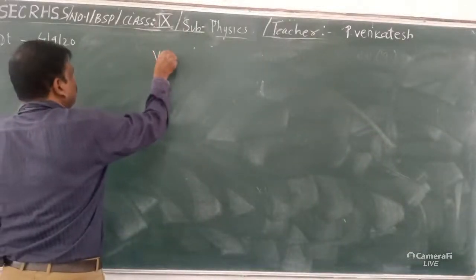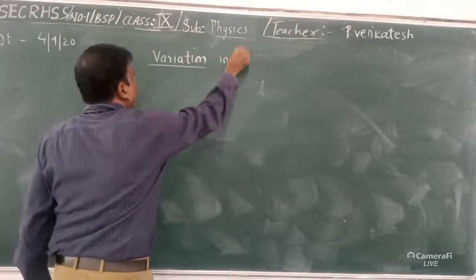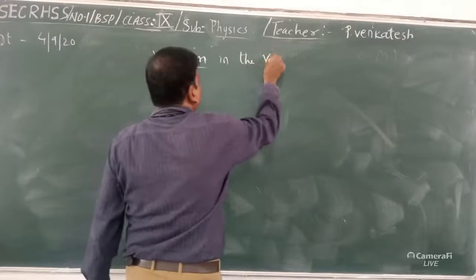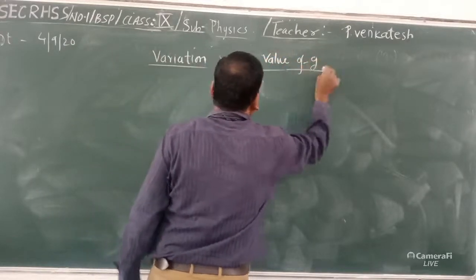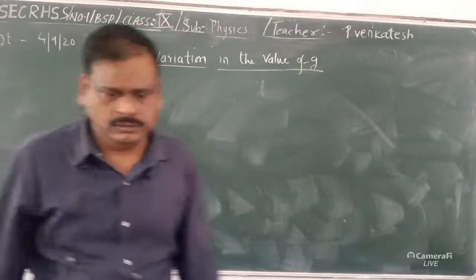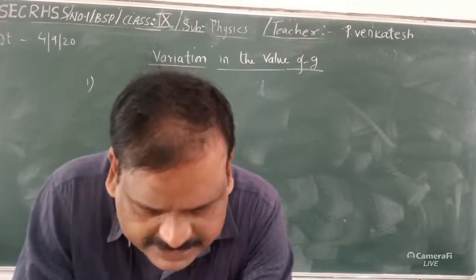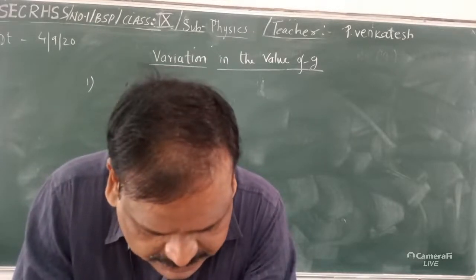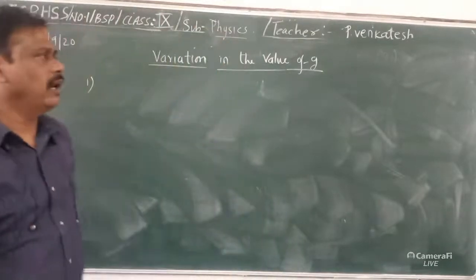Variation in the value of g. Now this you can take down. Variation in the value of g. The acceleration due to gravity on the surface g varies from place to place due to the shape of the earth.